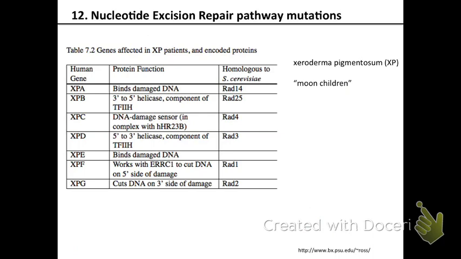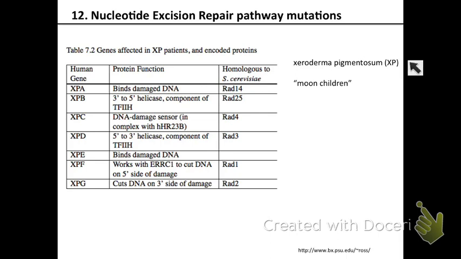So a lot of these genes involved in DNA repair have been isolated from genetic experiments that were done in model organisms like yeast, right? And some of them in humans have been identified by looking at rare genetic diseases where people are sensitive to damage. One of these genetic diseases is, I don't know how to pronounce that, Xeroderma pigmentosum, XP.